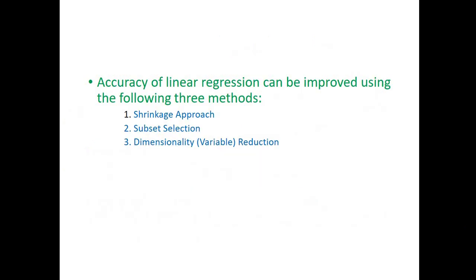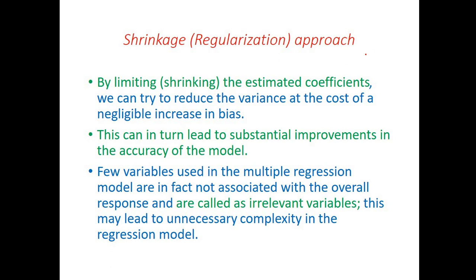The accuracy of linear regression can be improved by using the following three methods: shrinkage approach, subset selection, and dimensionality reduction. The shrinkage approach is nothing but the regularization approach. In this shrinkage approach, we limit the estimated coefficients.